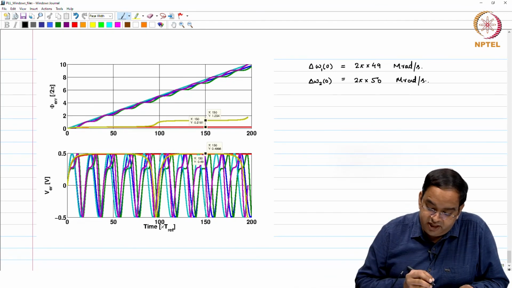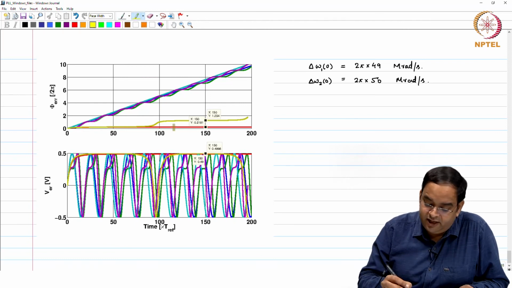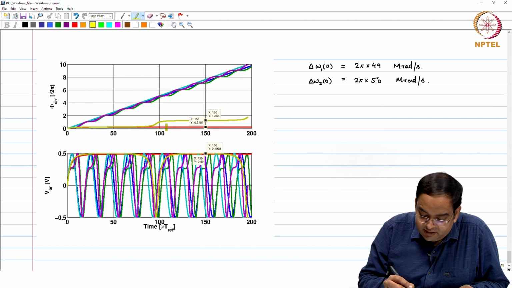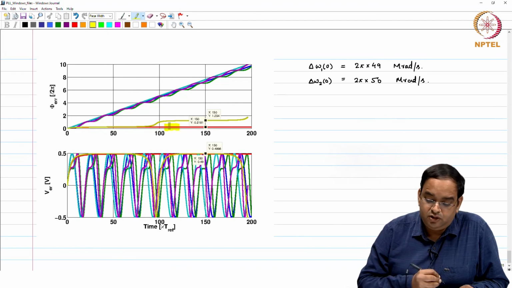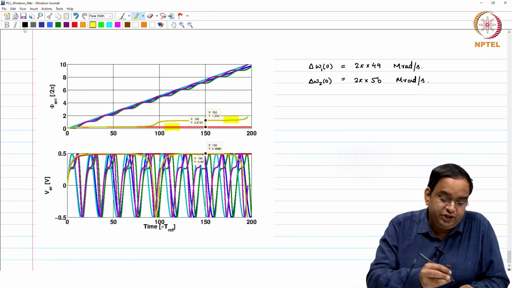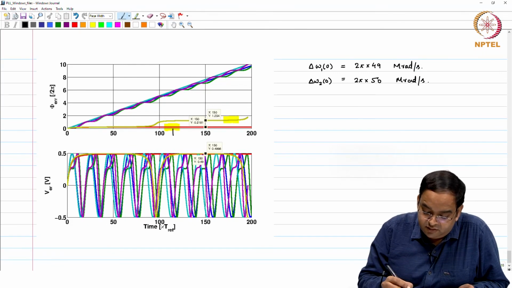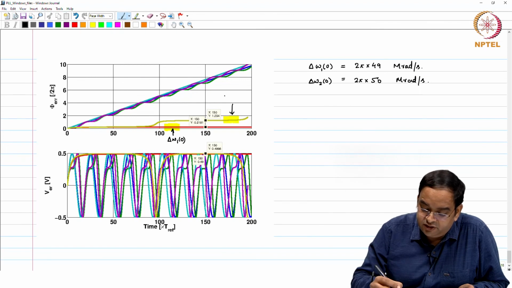The red one is the case for delta omega 1 of 0, and this one is the case for delta omega 2 of 0. These are the phase errors.